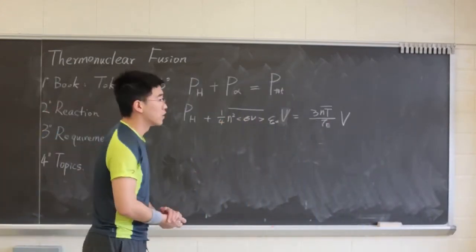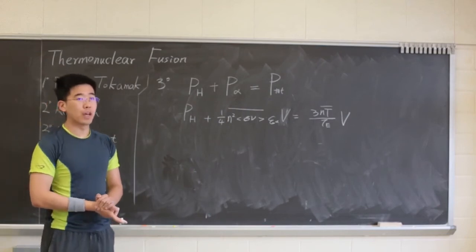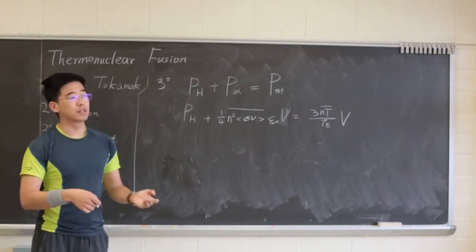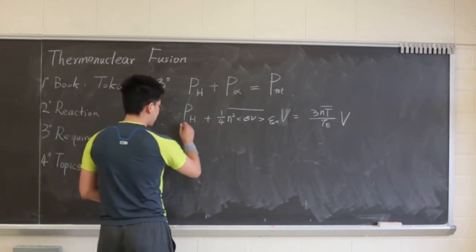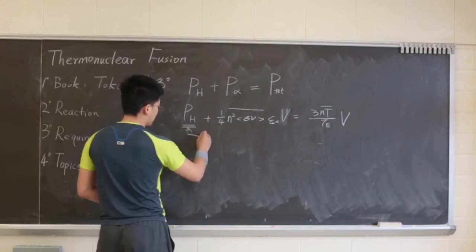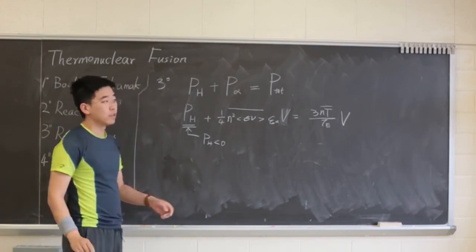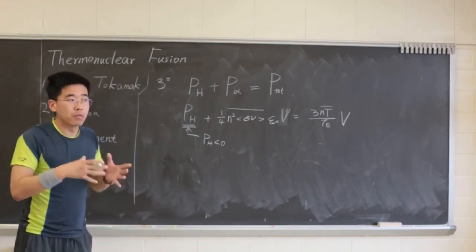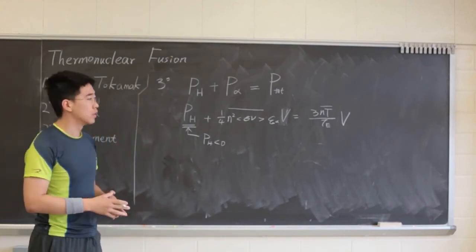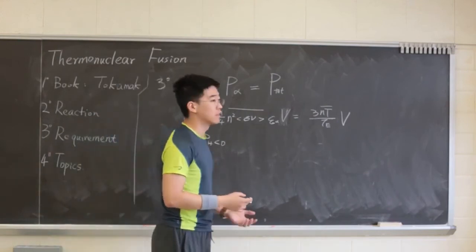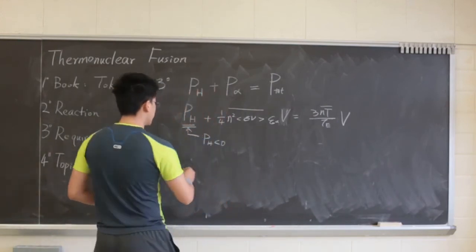So for fusion to happen without external heating, we basically require this be less than 0, which means instead of putting energy into it, you can actually extract some heat out of it.